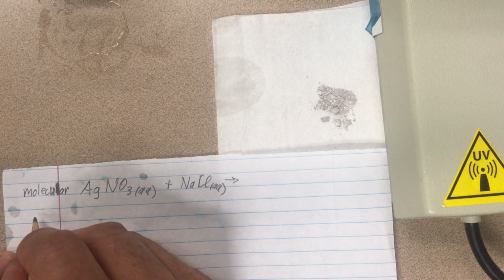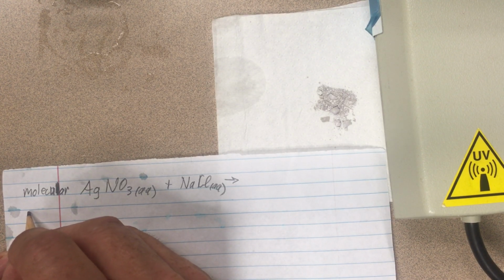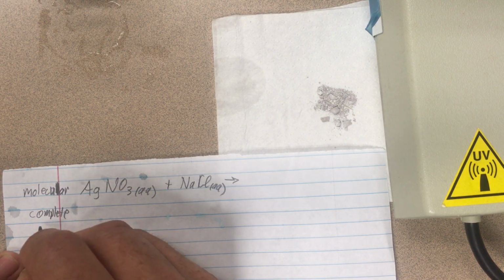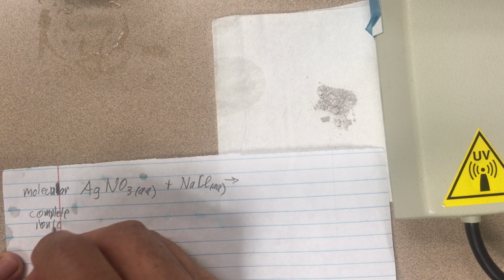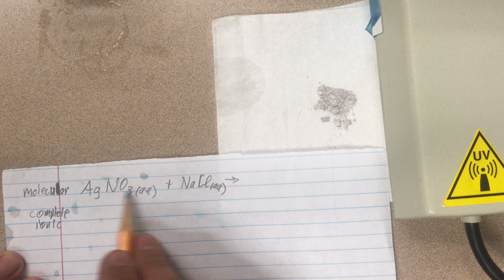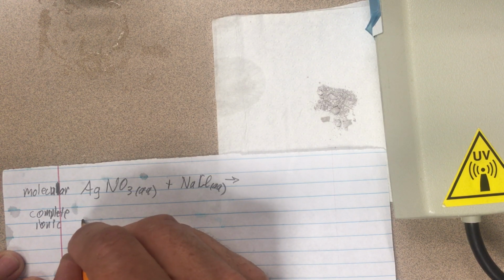Okay, and I can break apart strong electrolytes into ionic reactions, and so I'm going to show you a complete ionic reaction or equation for this reaction. And these are considered to be soluble salts, and soluble ionic compounds get broken up into ions in ionic equations.